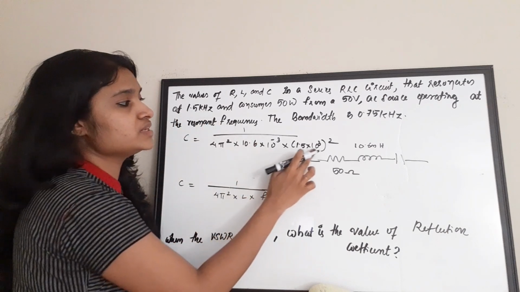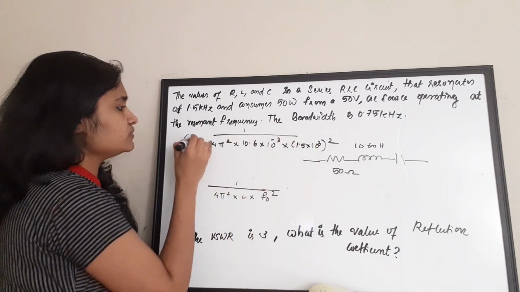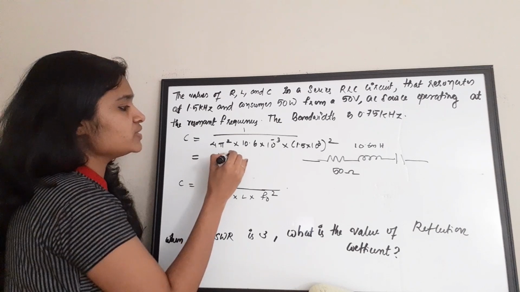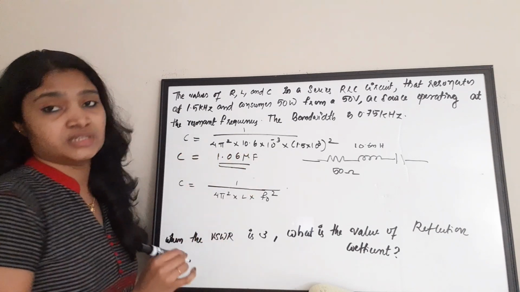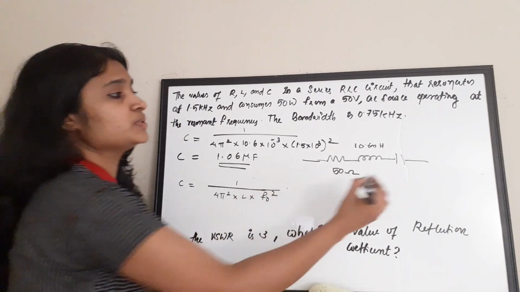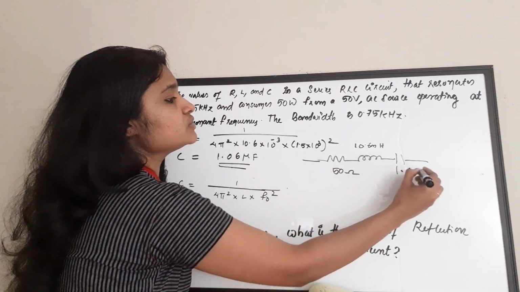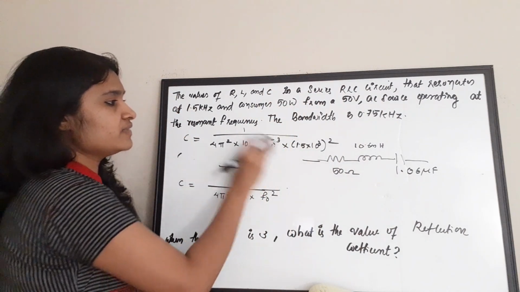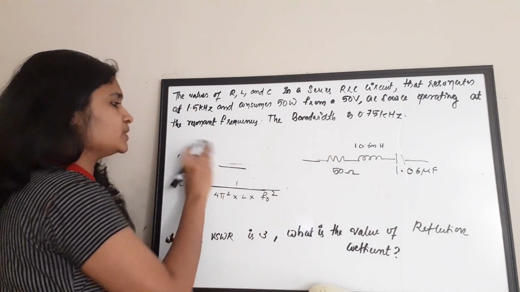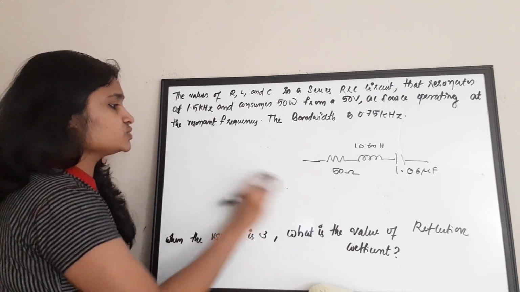So 1.5 into 10 raised to 3 the whole square. If you solve this, you will get the value as 1.06 microfarad, which is the value of capacitance obtained. So we have obtained all the three values.